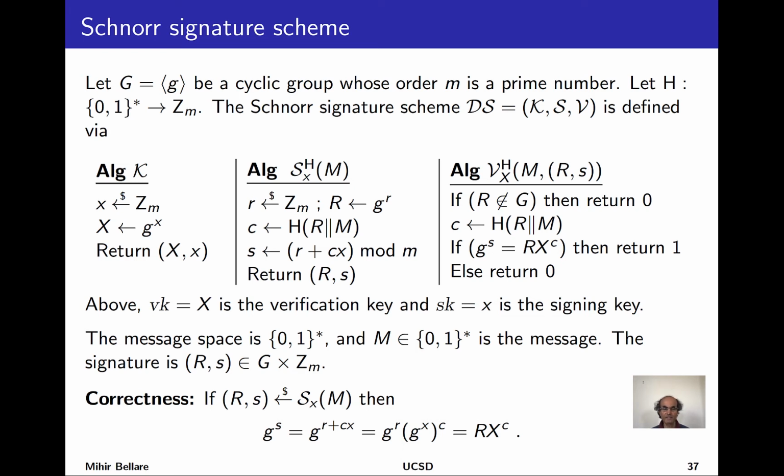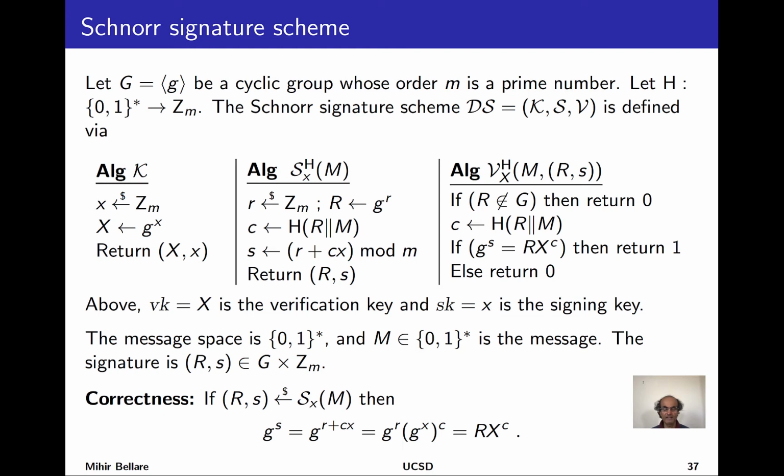When we want to sign a message M, we have access to the signing key little x and to the hash function. The scheme is randomized, unlike full domain hash. We start by picking an exponent little r at random and then raise g to that power to get big R, which is called the commitment. That is hashed together with the message to get what we call a challenge, and that challenge is a point in Z_M given the range of the hash function and hence a possible exponent.